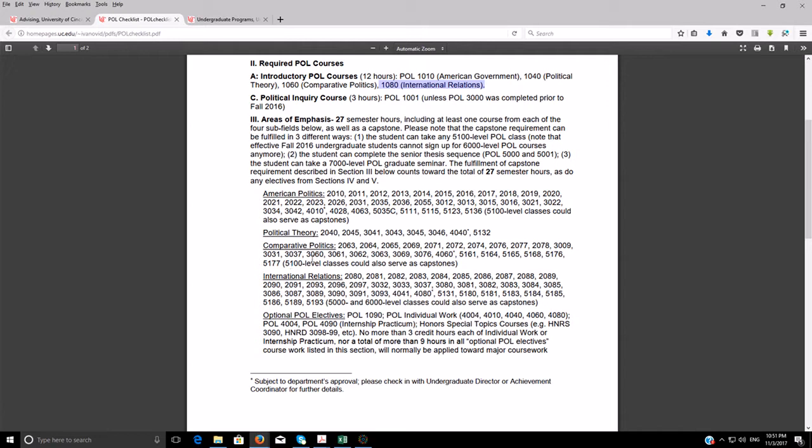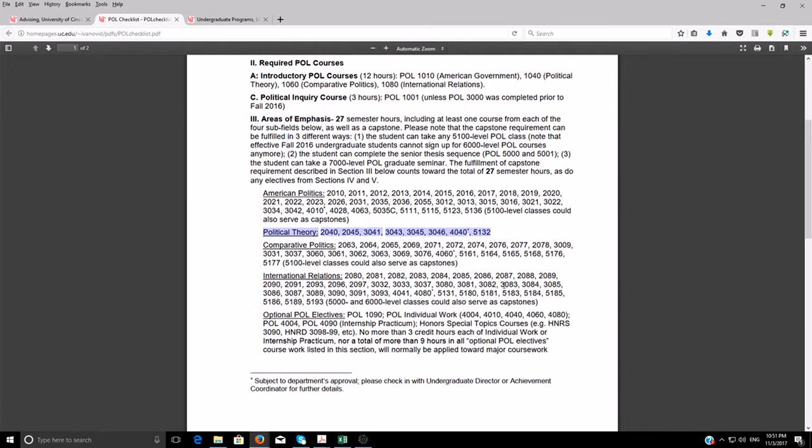And of course, they can choose however they would like to distribute their coursework across the 4 subfields. Note that political theory has the shortest number of offerings, and we usually only offer 1 class a semester, maybe 2 at maximum, with focus in political theory. So students should plan ahead and fulfill this requirement when courses are offered so that they can complete the degree in a timely fashion.